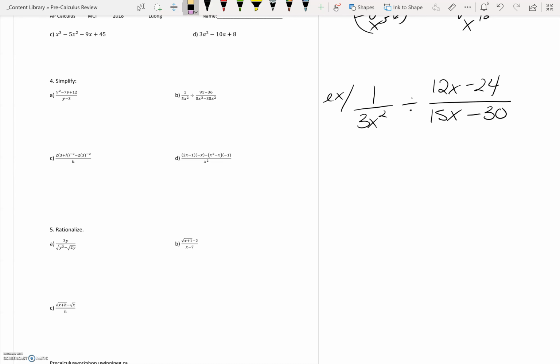Actually, I'm going to change this. So let's just say we have a question just like B. Before we do this flip and change this to a multiplication, we can try to factor these out first, because they do have a number in common between these two terms and a number in common between these two terms.